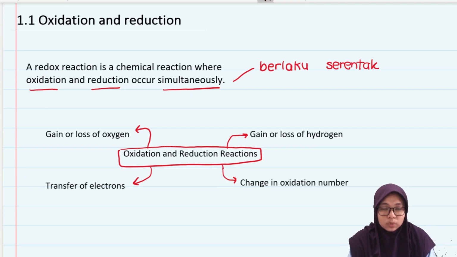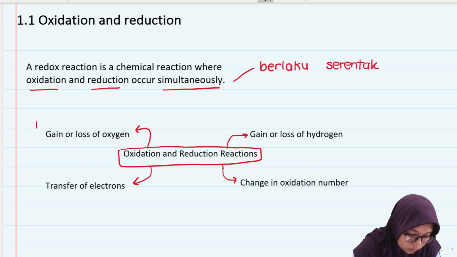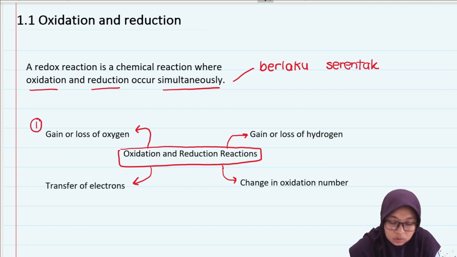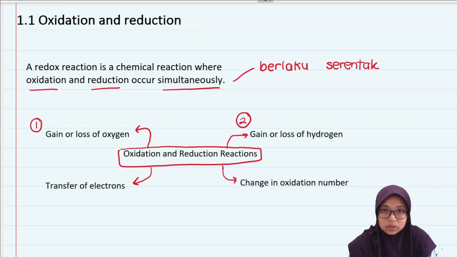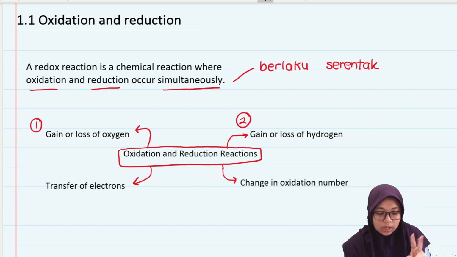So in this video, we are focusing on the first one, gain or loss of oxygen, and the second one, which is gain or loss of hydrogen. So there is two definitions that we will look at in this video. Okay, apa maksud oxidation and reduction in terms of gain or loss of oxygen?